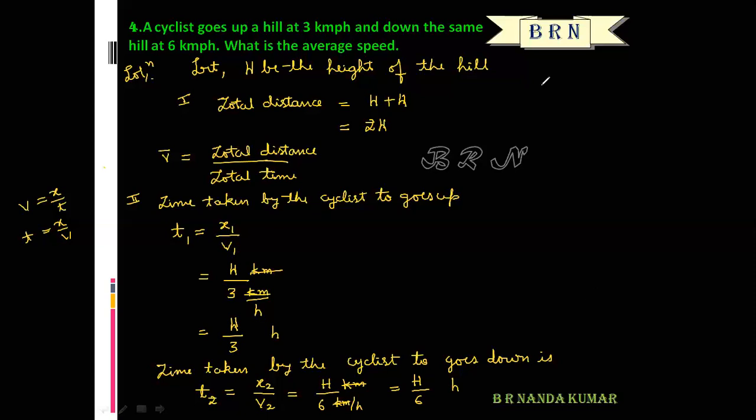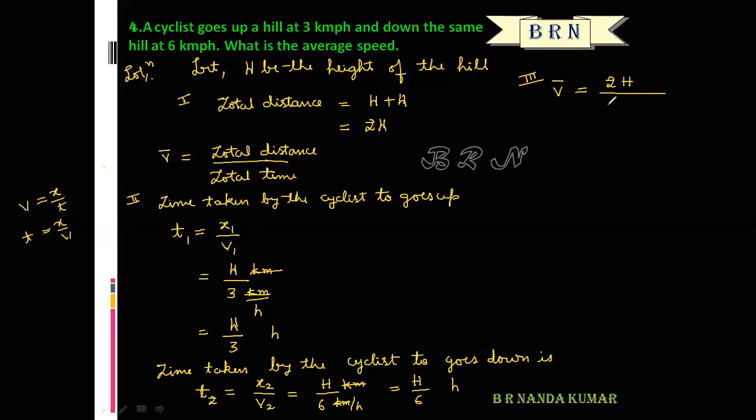Okay, so average speed is equal to total distance traveled, which is 2H, divided by total time taken. Total distance traveled is 2H.